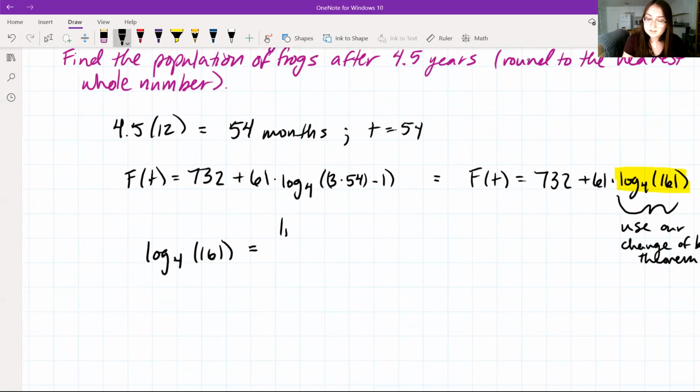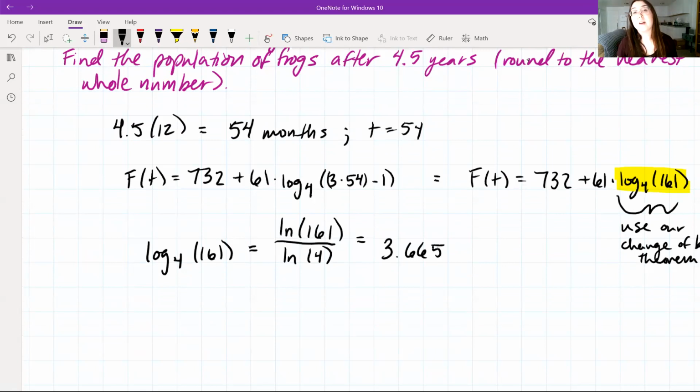So we can rewrite this as the natural log of 161 divided by the natural log of 4. I highly suggest that you calculate this value on your own, and you should end up getting 3.665. Since we're not done with our calculations, let's leave it at 3 decimal places so we can get a more accurate value.